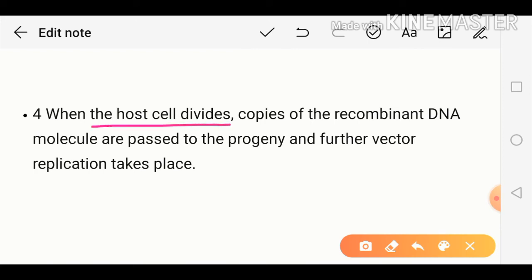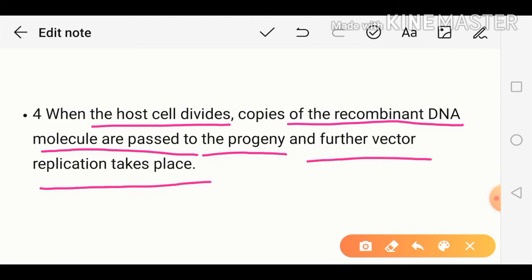So the next step in gene cloning: when this particular host cell divides, the cloned DNA molecule is also divided along with the host DNA molecule. So recombinant DNA molecules are produced and passed to the progeny, and further vector replication also takes place.